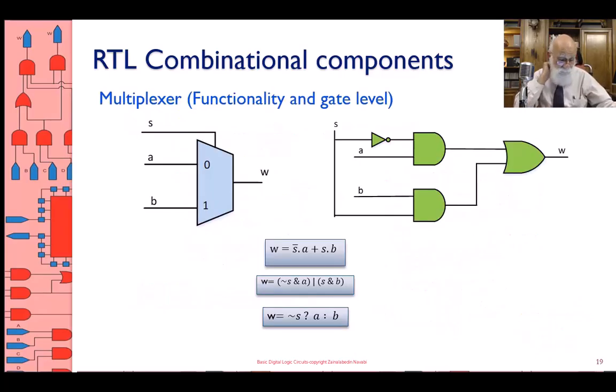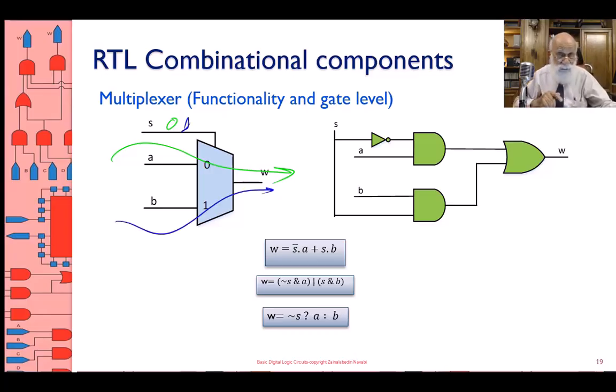So what is a multiplexer? A multiplexer is a circuit that multiplexes one or the other input. What it means is if the select input is 0, A is going to go to the output. If the select input is not 0, it's a 1, then B is going to go to the output.